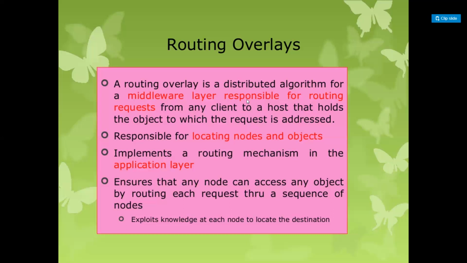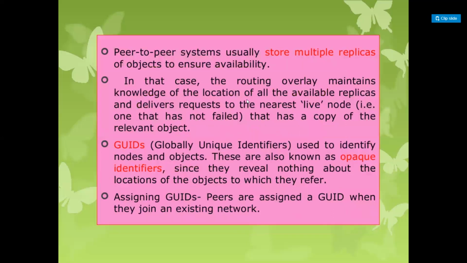It ensures that any node can access any object by routing each request through a sequence of nodes.